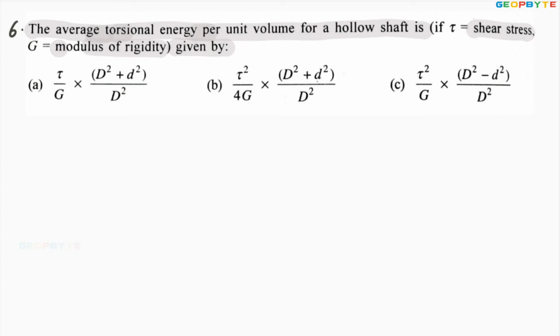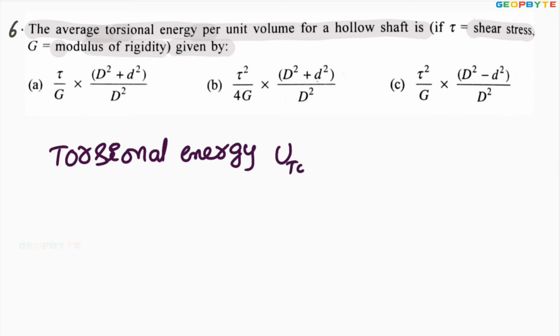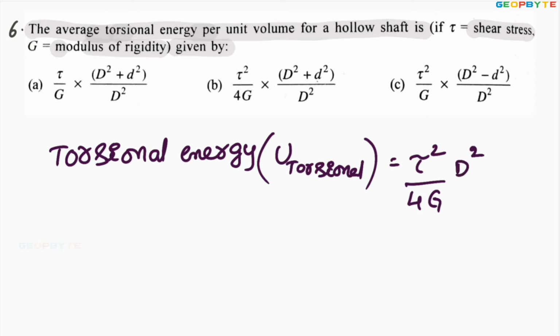Remember, the torsional energy U torsional, general formula, equals square of the shear stress divided by 4G into capital D square plus small d square divided by capital D square multiplied by volume. That is the torsional energy formula.